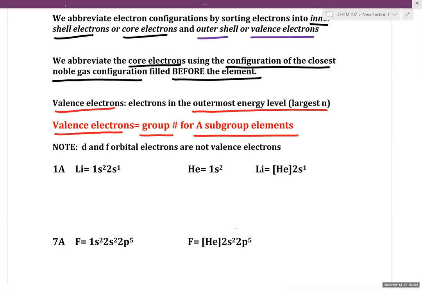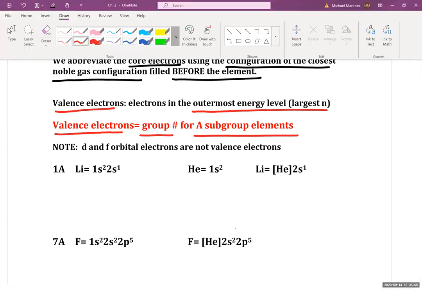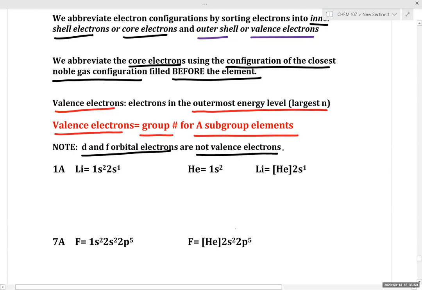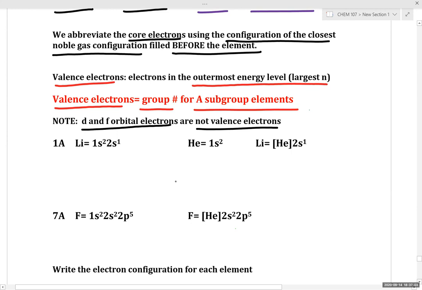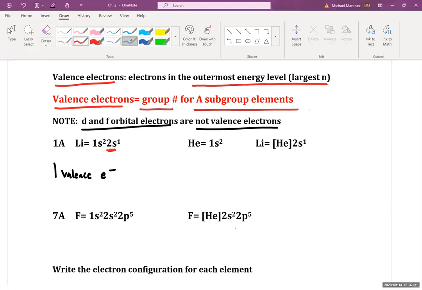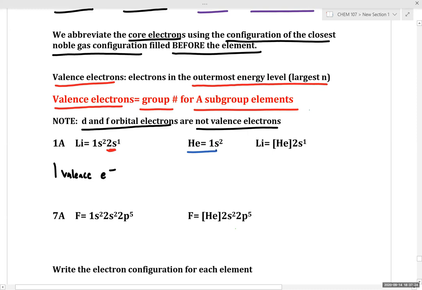Really key to note here, d and f orbital electrons are not valence electrons. For example, lithium is a group 1A element, so we'd have one valence electron, which is the electron in our 2s orbital, because it's the outermost orbital. The preceding noble gas is helium. If we look at our periodic table, we'd have helium before lithium.